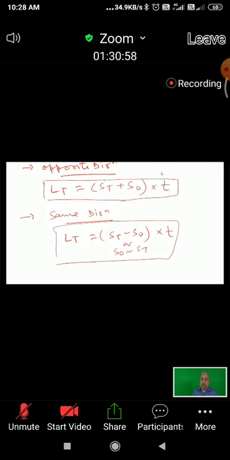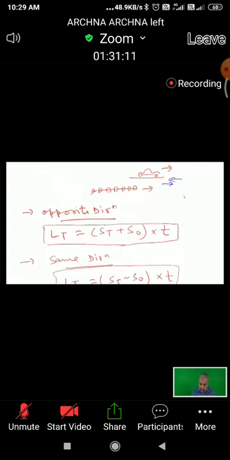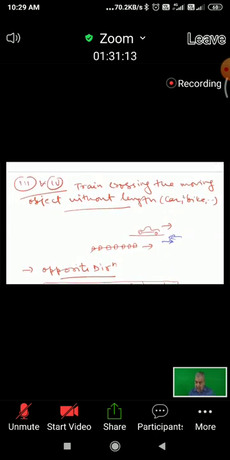One more possibility is there. Piyush Raju, train crossing the moving object without length. So here I have taken the example of car or bike.